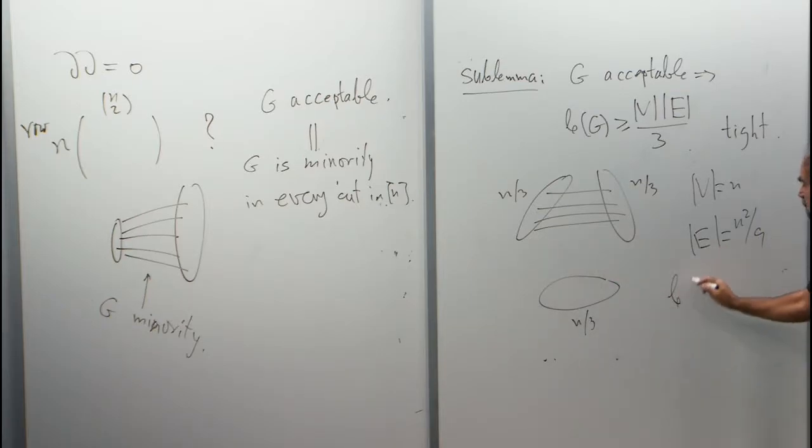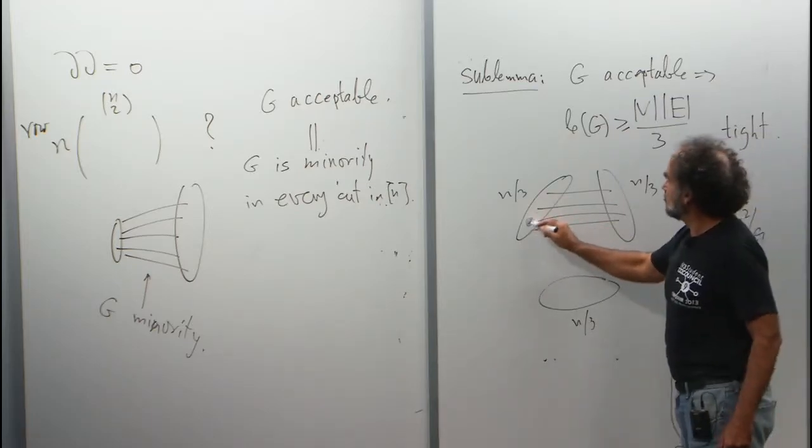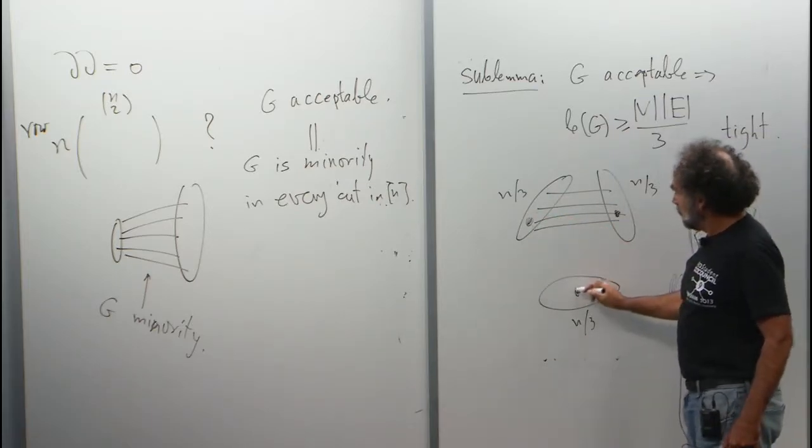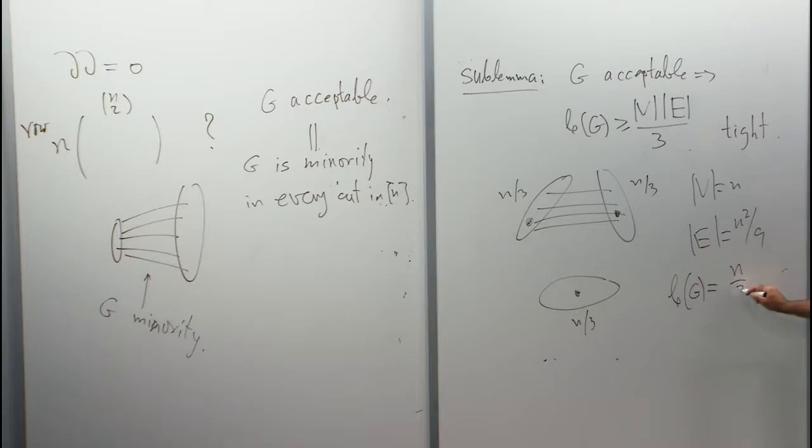And what is B of G? Let's think about it for a moment. Which triples meet the edge set of this graph oddly? First of all, this graph contains no triangles, so they meet it exactly once. You take one vertex from each part, and so that would be n over 3 cubed.